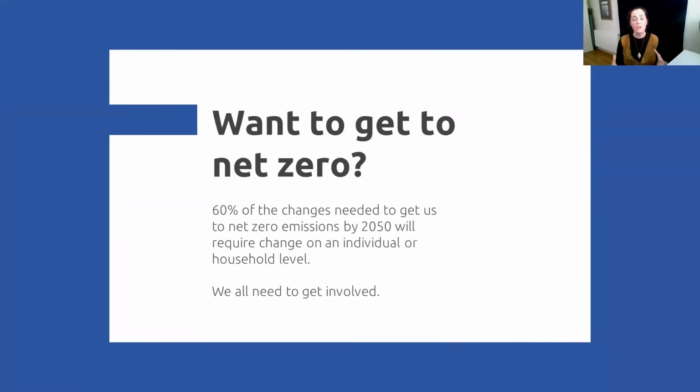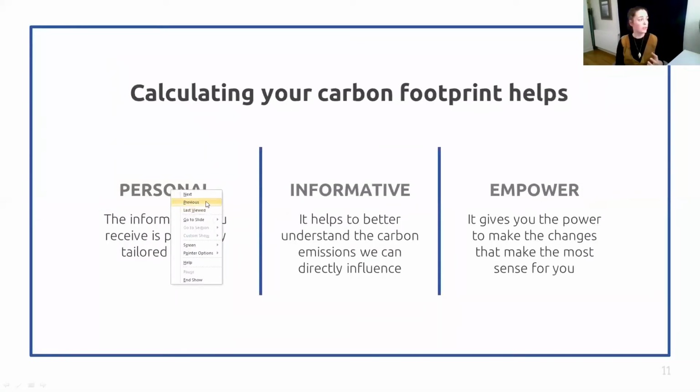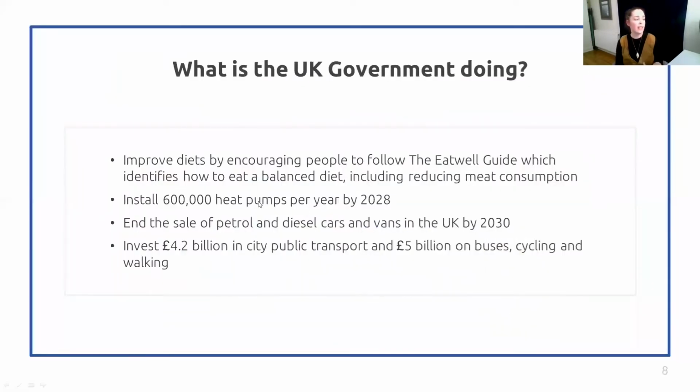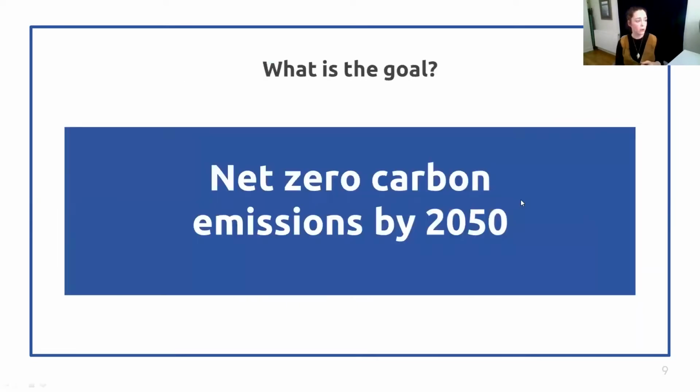If you think about those changes that I mentioned that the government's doing, so encouraging more public transport, installing measures in the home, so installing heat pumps and ending the sale of petrol and diesel cars. Those are all actions actually that we as individuals or as households need to be involved in.